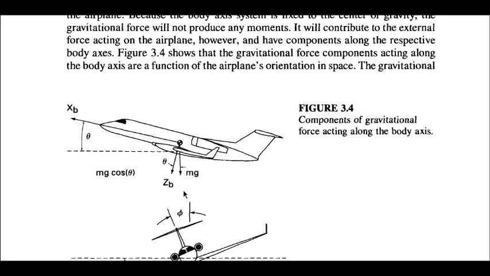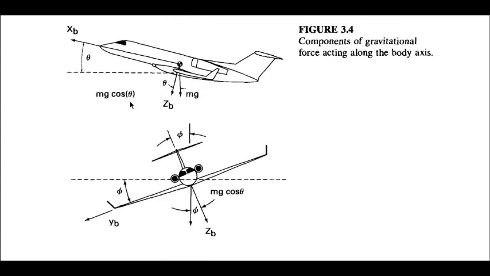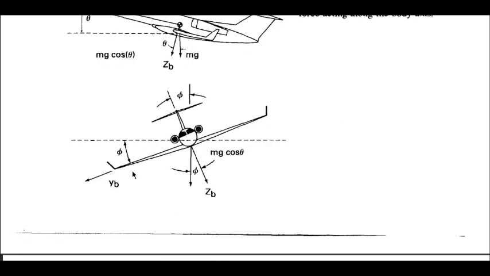But when you pitch up, some of the components of the weight, mg, will be in ZB and some of it will be in XB, although one is positive and the other will be negative. And if you roll, then if it's level, 100% goes to ZB, but if you start rolling and have a roll angle, some of the weight component will go to the YB axis.